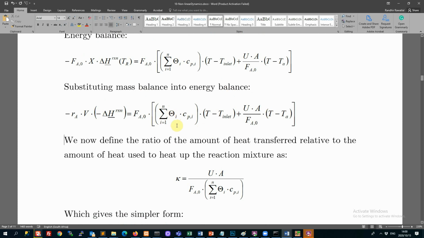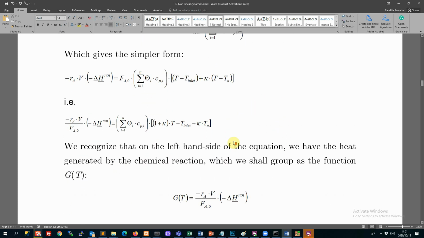So we are feeding the system with the stream with a certain flow rate, and then we are applying temperature differences across that. So if you like, that's the heating that we are applying to the system.